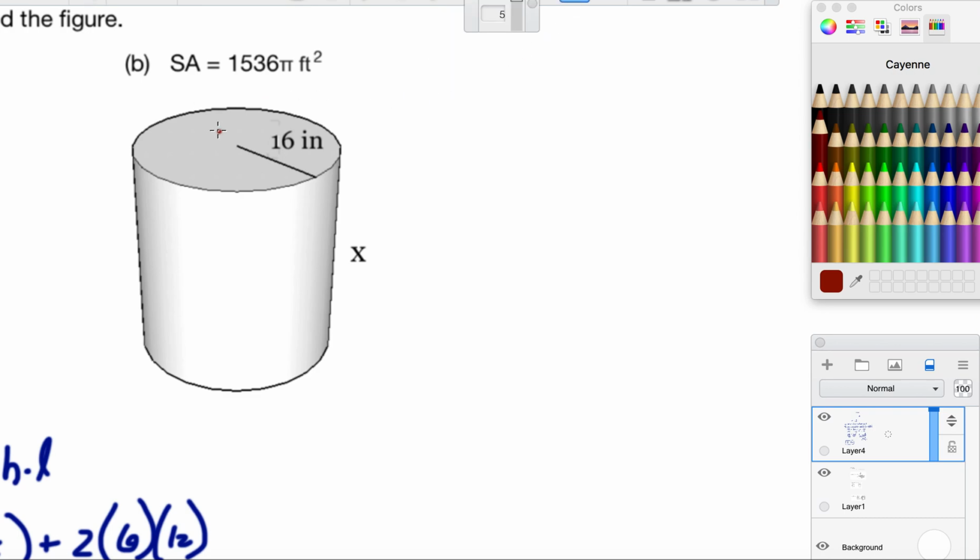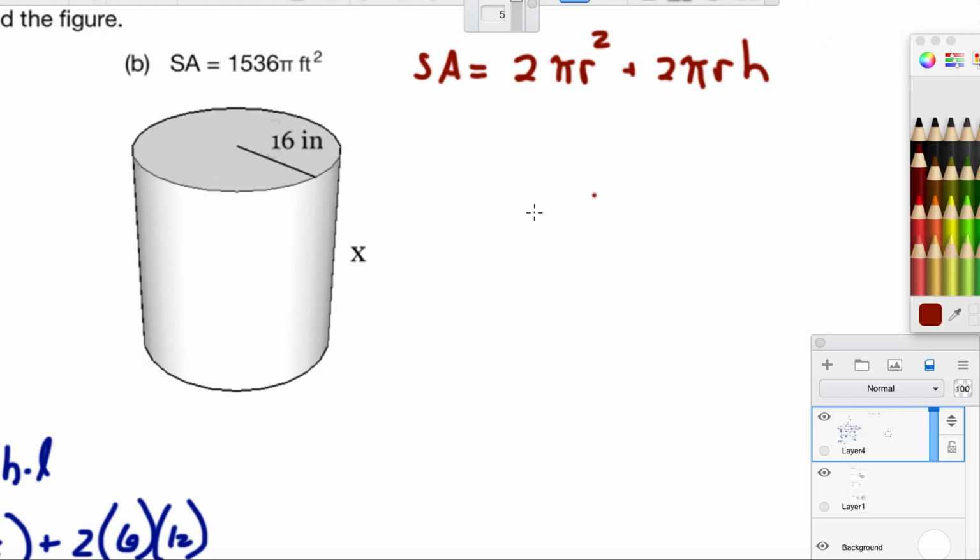This is a cylinder. So the surface area equation for a cylinder is the two circle areas, so 2 pi r squared, plus 2 pi r h. Now, I think this first part right here makes sense, but why the 2 pi r h?